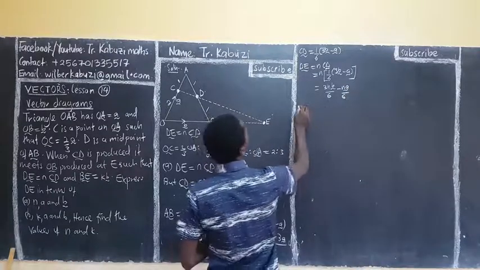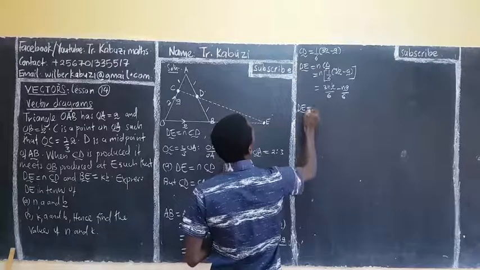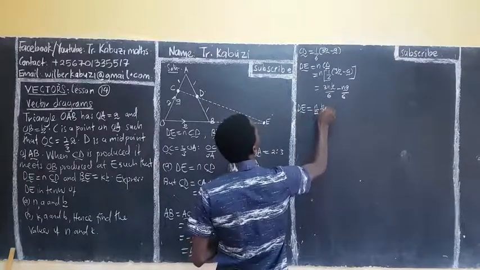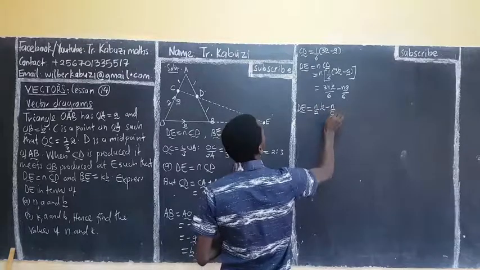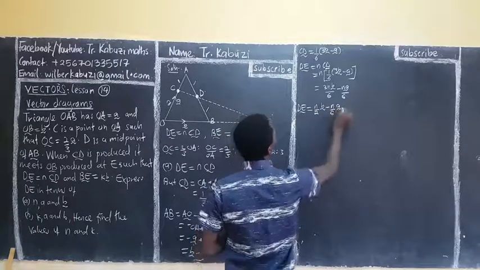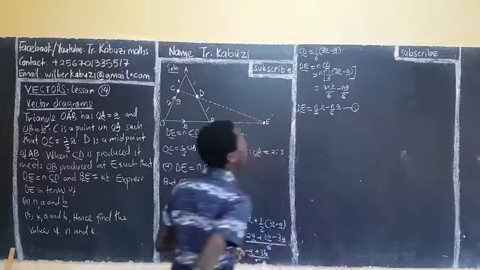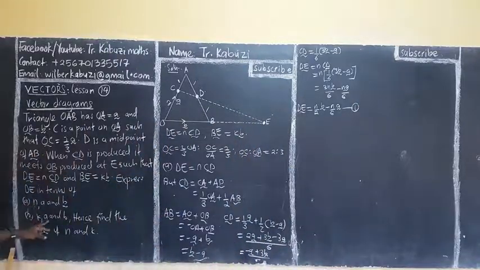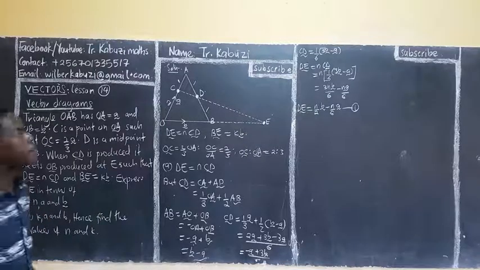This we can reduce: we have N over 2 B, then minus N over 6 A. This one we call equation 1. We have now expressed DA in terms of N, A and B.